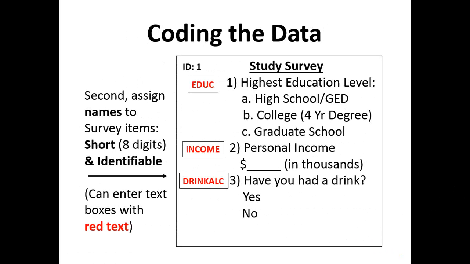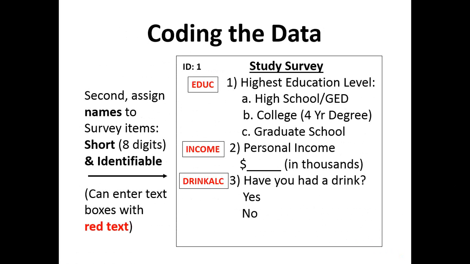For highest education level, we have given the name EDUC, E-D-U-C. Right? So in the SPSS database, the name of highest education level will be EDUC. And then income, we just call it income. And for have you ever had a drink of alcohol, that is drink alc. Right? So you can see we just put a text box to the left of the item.